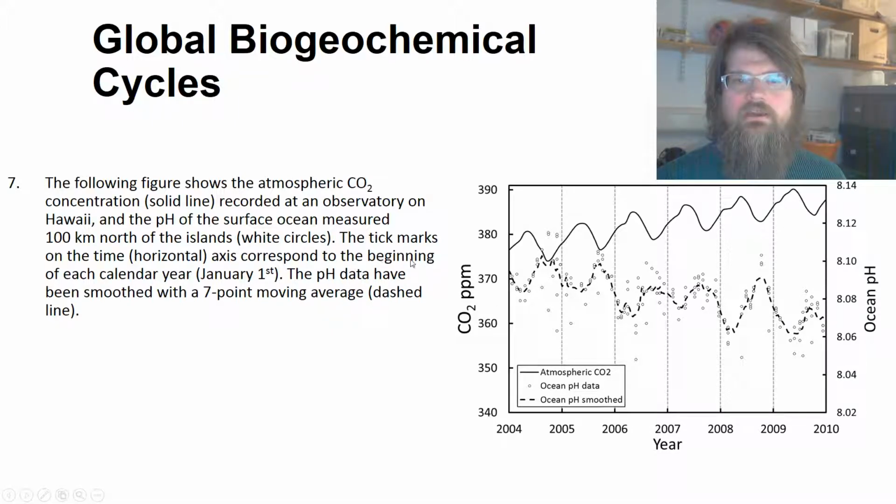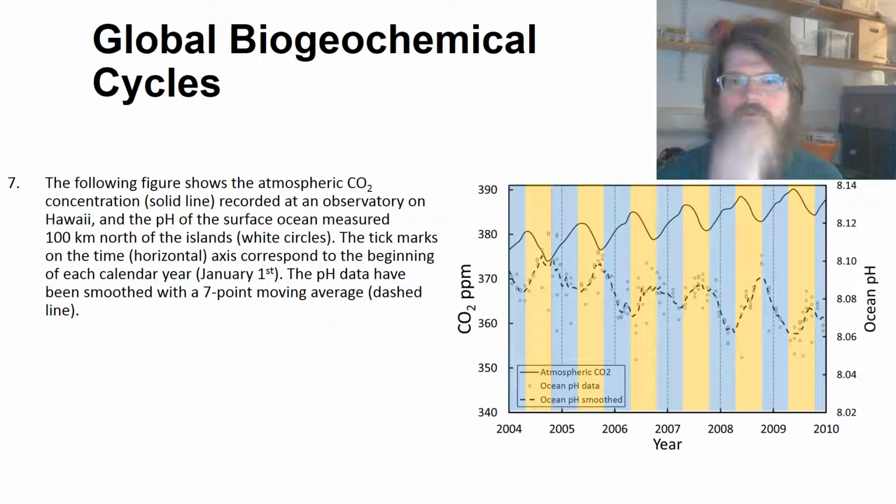I've also described the age scale across the bottom here. So we have years, 2005, 6, 7, 8, and the tick marks on the axis actually represent the start of the year. So this period here is all 2007, then 2008. To help out, I've put some color bars across this diagram to show approximately where summertime is and where wintertime is.